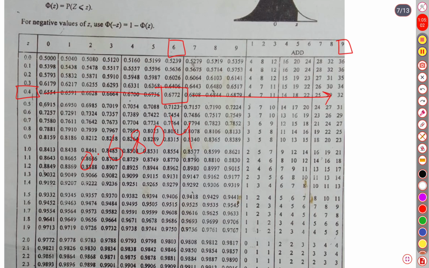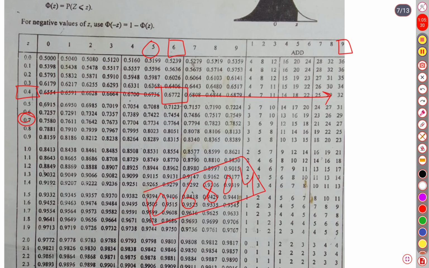Then the second z score was 0.75. So let us see for 0.75. 0.7 is over here, and 5 is over here. That means our probability is 0.7734. First probability was 0.6804 for the first one.